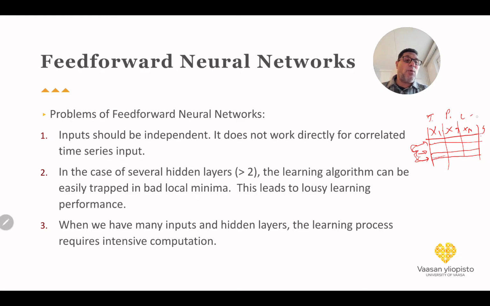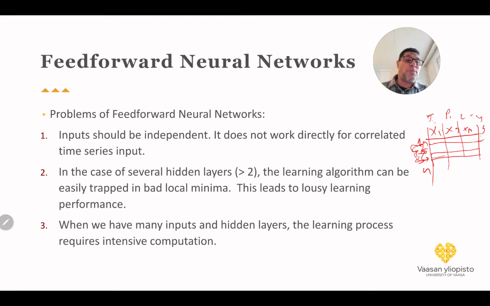And our output is whether it is raining or not. But these are days: day 1, day 2, day 3, day 4, and so on. In this case, we cannot say that these days are independent. If you assume that they are independent, the bias in the result will be very high, and it might not give a good result at all.